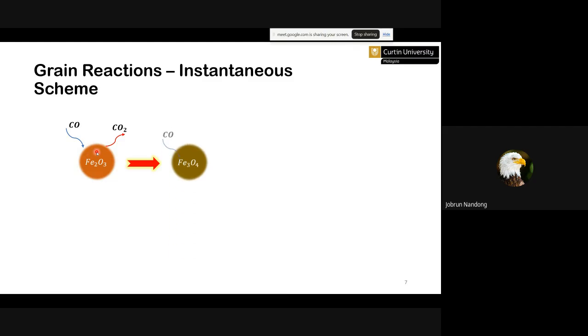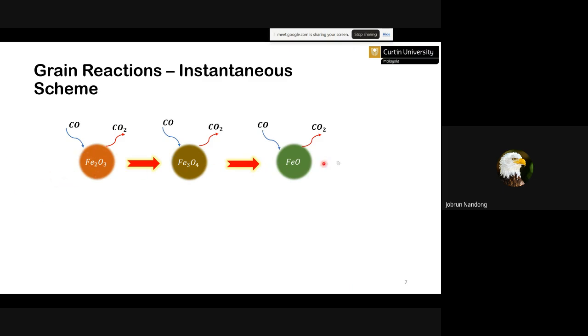Okay, and again, this one still can react with CO, produce CO2. It will be reduced further to FeO. And again, in theory, FeO still can react with CO, produce CO2. Then, of course, it goes to metallic iron.